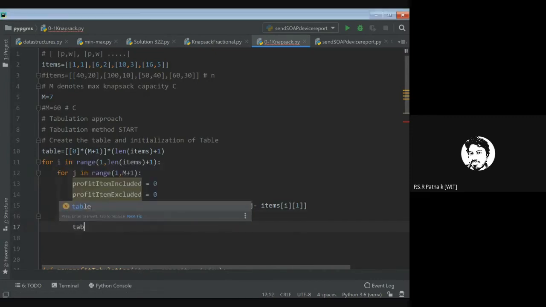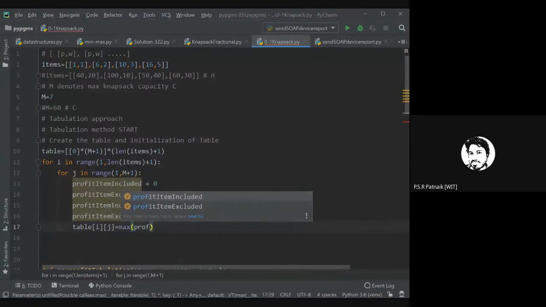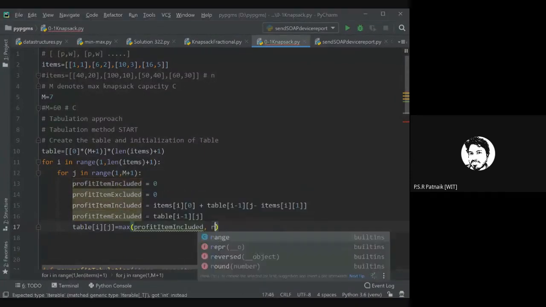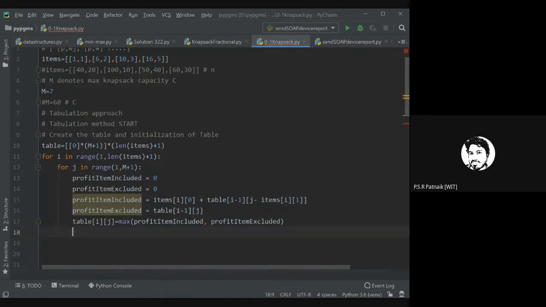So once you complete all this, then you are in a position to store a value for this capacity, equal to the max of profit if item included and profit if excluded. This is what you get here. Okay, I think that's it. So once you include it in this table, that's it. And where would you get your solution? You will get your solution at the last value of your table.